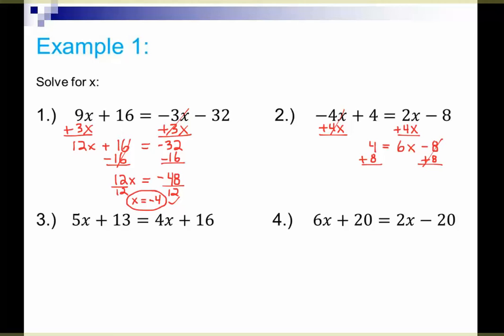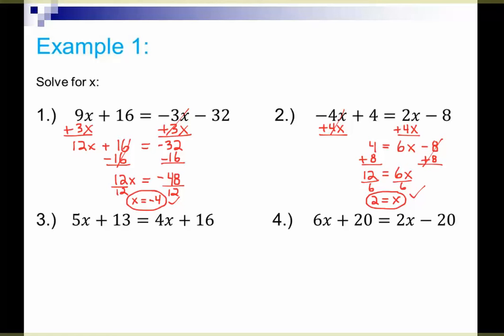And I'm left with 12 equals 6x. Now we'll divide by 6, and I get 2 equals x. And that's okay if you have the x on the right side. It does not always need to be on the left. x equals 2 or 2 equals x. Those are both equivalent statements. They're both fine.